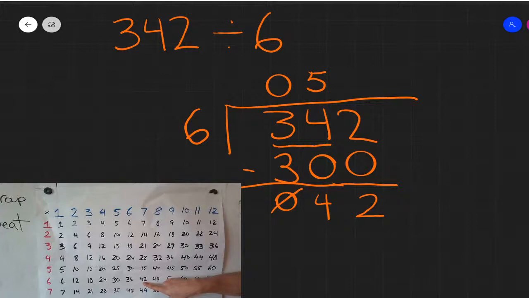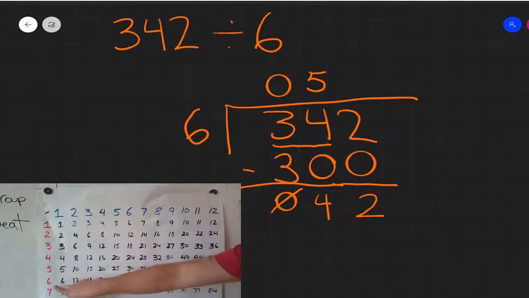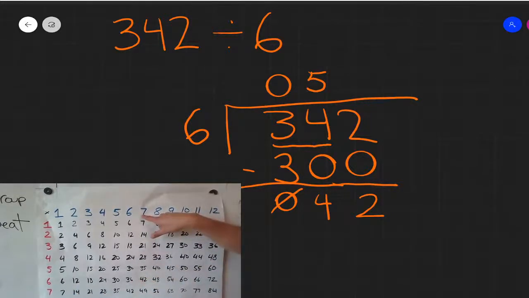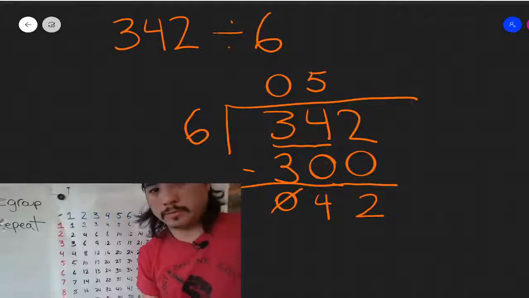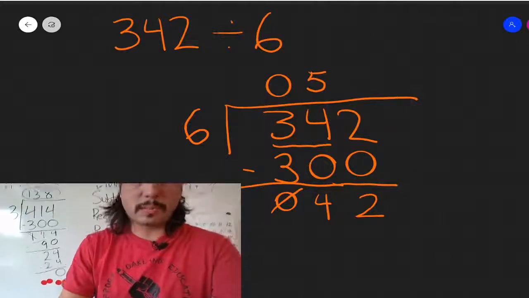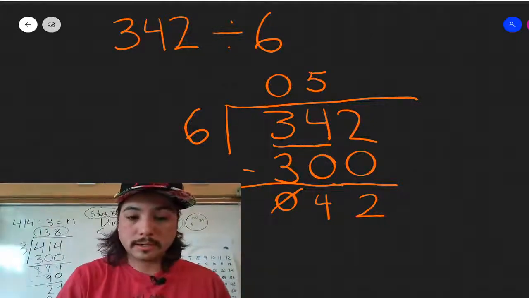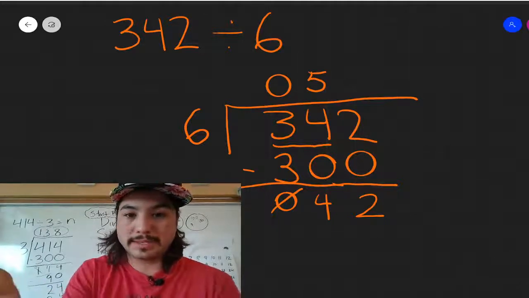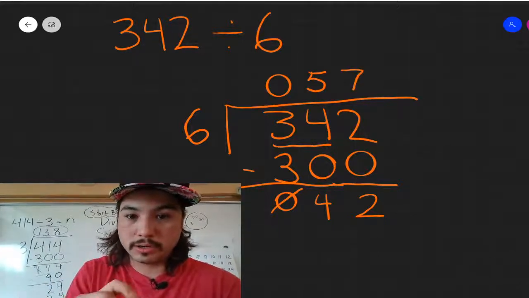42. Right there. 6 times 7 is 42, or 42 divided by 6 is 7. So I want to put a 7 above the ones place because our 42 ones divided by 6 will put 7 ones in each group.